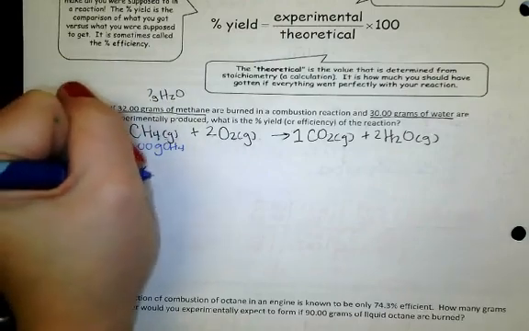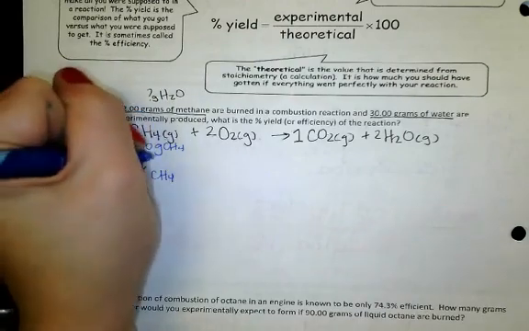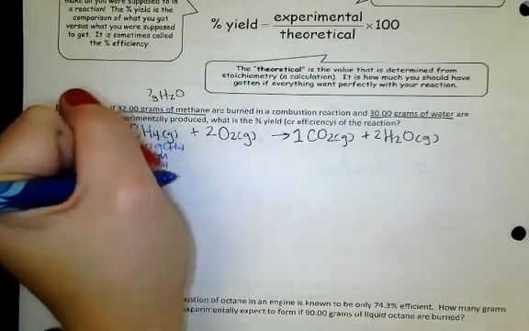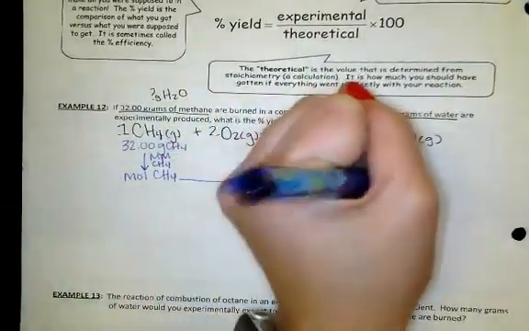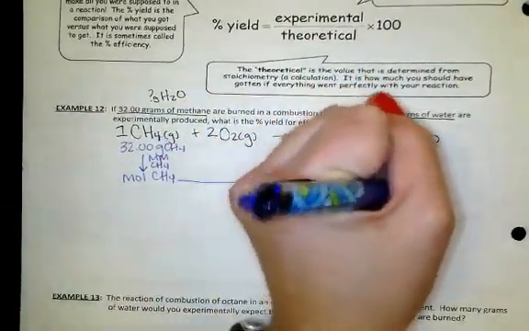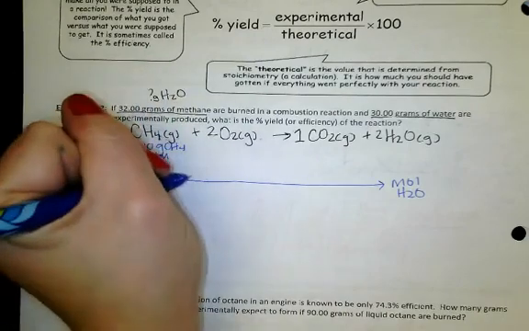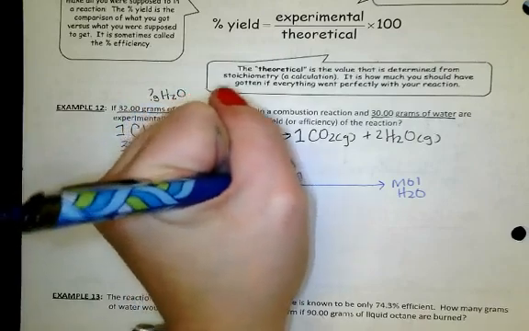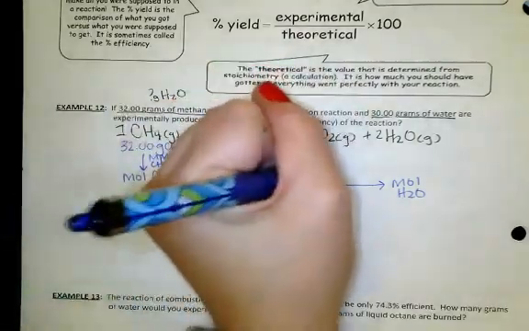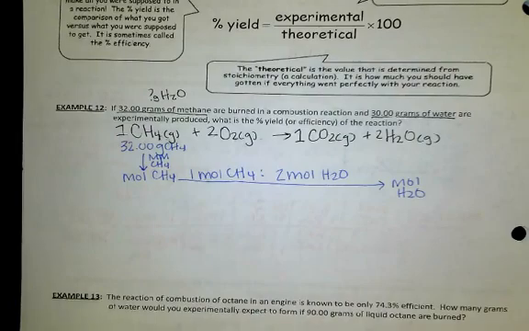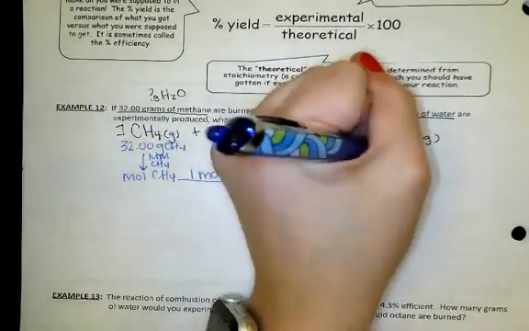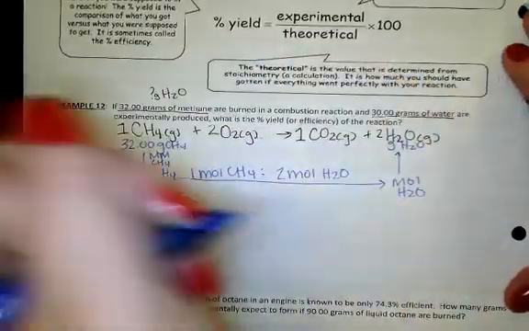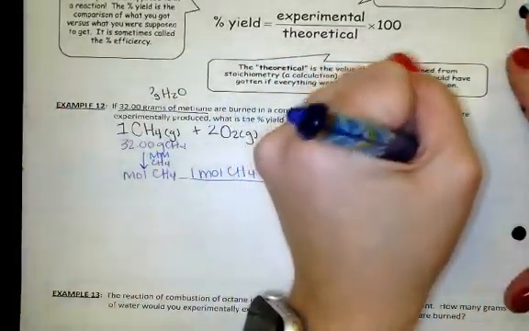Then I'm going to convert moles of methane to moles of water using that mole-to-mole ratio. 1 mole of methane to 2 moles of water. Okay. Then I'm going to convert moles of water to grams of water using the molar mass of water, which is 18.02. That's something that, honestly, we use all the time.